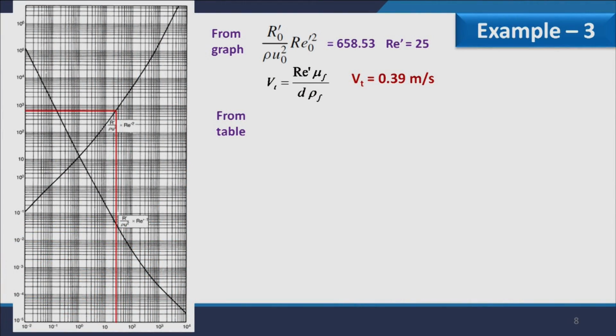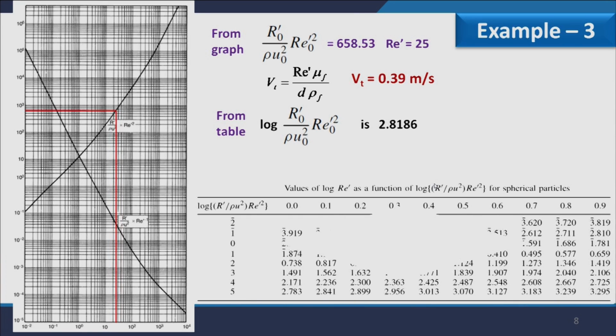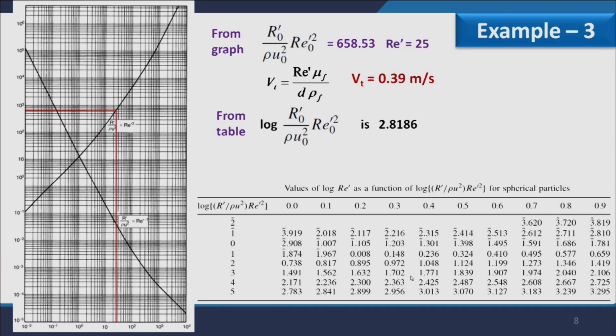Here we have used the graph. Further, the same computation we can do using the table, and if you remember, the table has values in terms of log. So first of all, we will calculate the log of 658.53, and it is coming out as 2.8186. The data is available in this table.